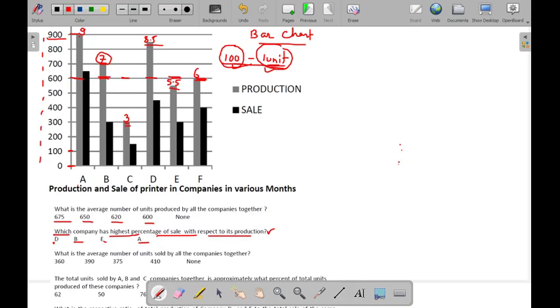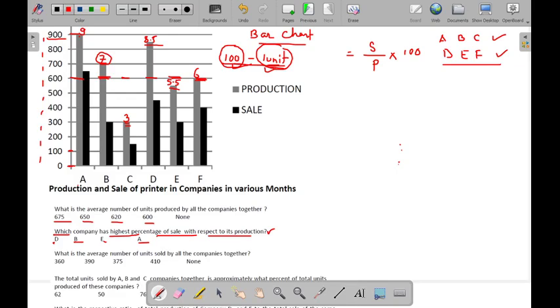Means we have percentage of sale upon production, and we have to check which company has the highest value upon production.